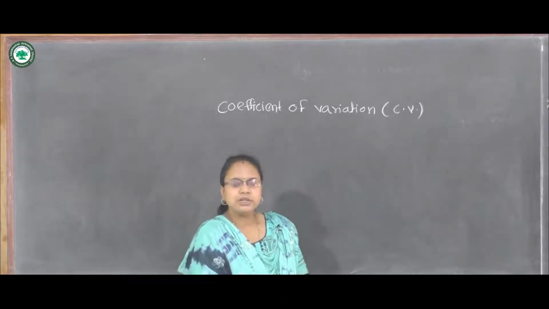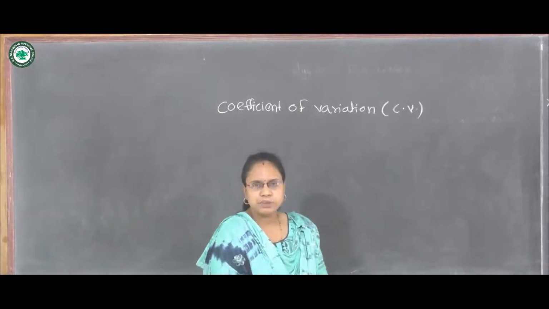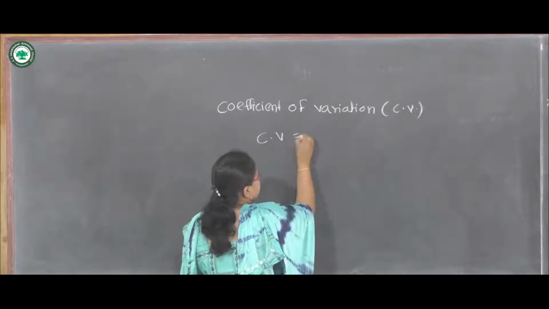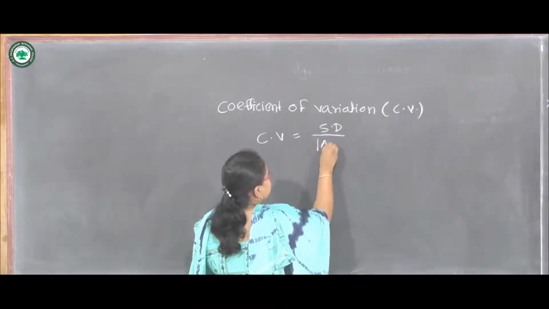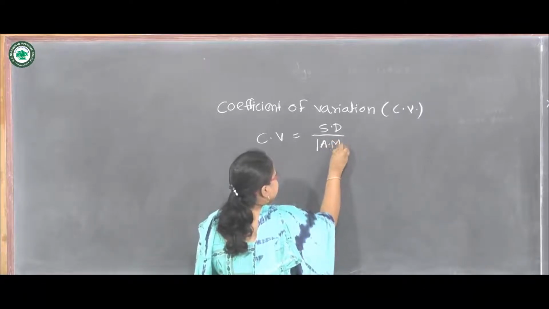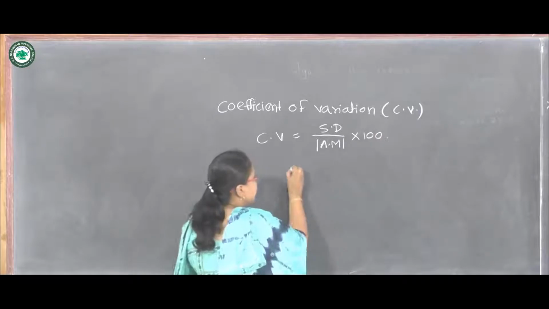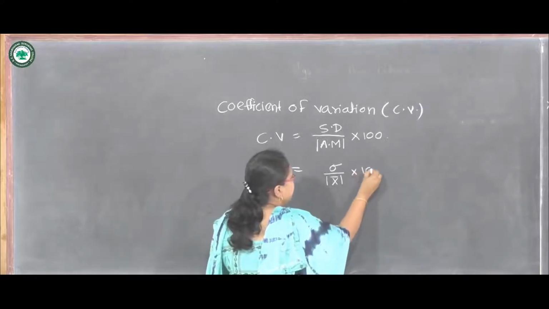This is the relative measure of dispersion, and it is given by CV equals standard deviation upon the absolute value of arithmetic mean multiplied by 100. It is denoted by sigma upon absolute value of x bar into 100.